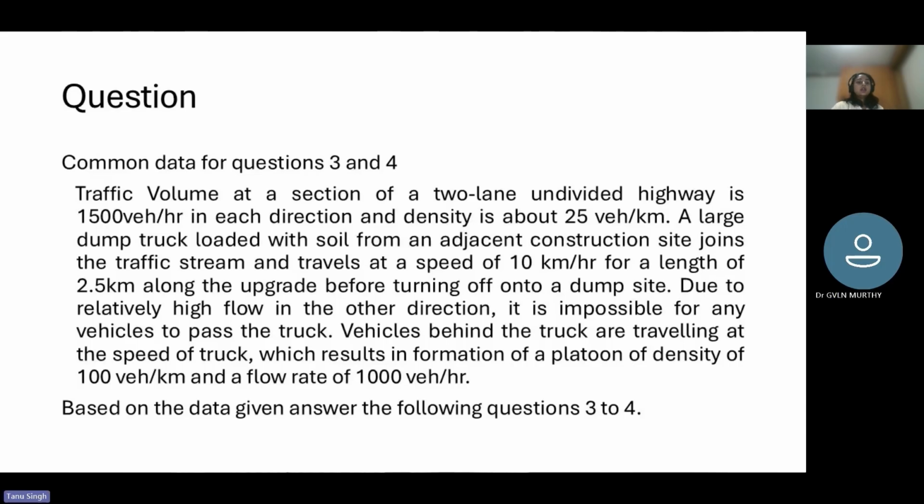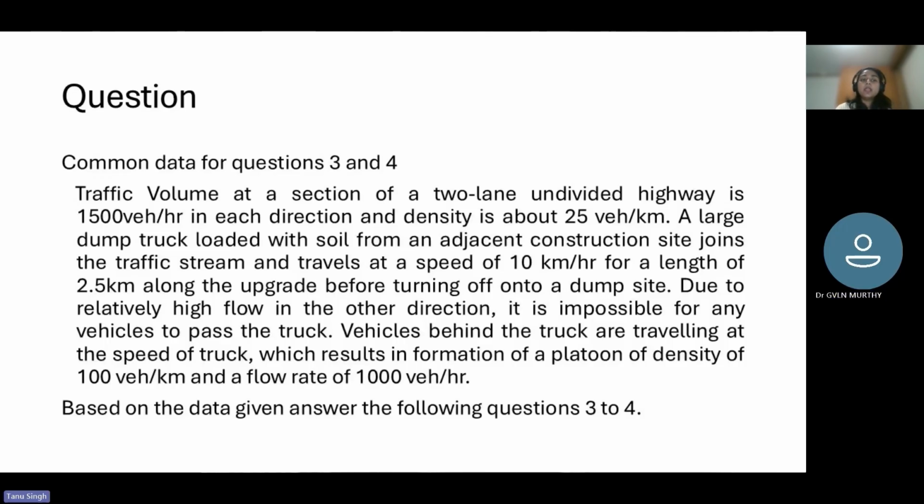Okay. So the first question was to find the speed of the shockwave. The shockwave speed formula is change in flow divided by change in density. The two flows are given as 1500 and 1000, and the two densities are 25 and 100. So these are the two conditions.